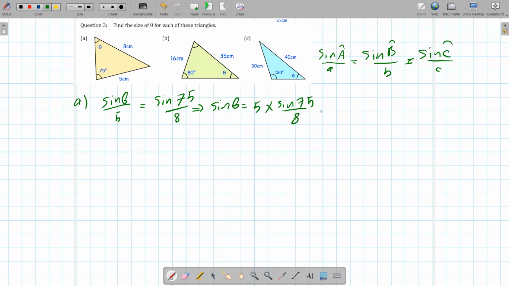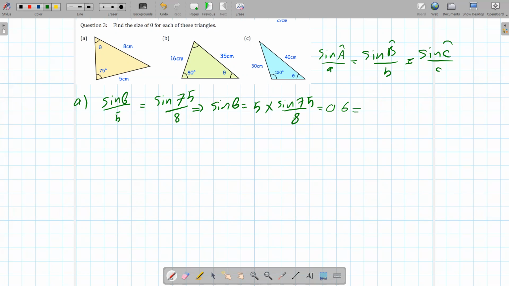After that, using my calculator, 5 times sine 75 divided by 8 equals 0.6. But this value is related to sine theta, not the theta itself. This value equals 0.6.